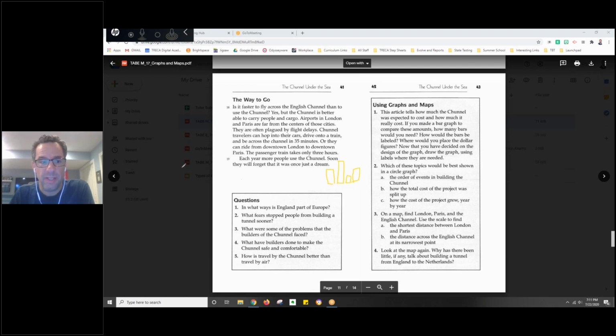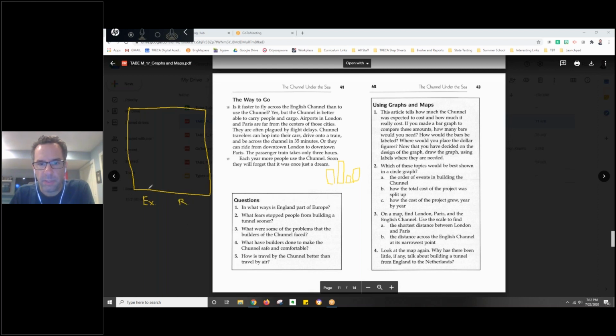I would say you would need 2. So if we set up our, let's say this is our piece of paper here, you would need 2 bars. How would the bars be labeled? I would say this would be expected cost, and then this would be real.